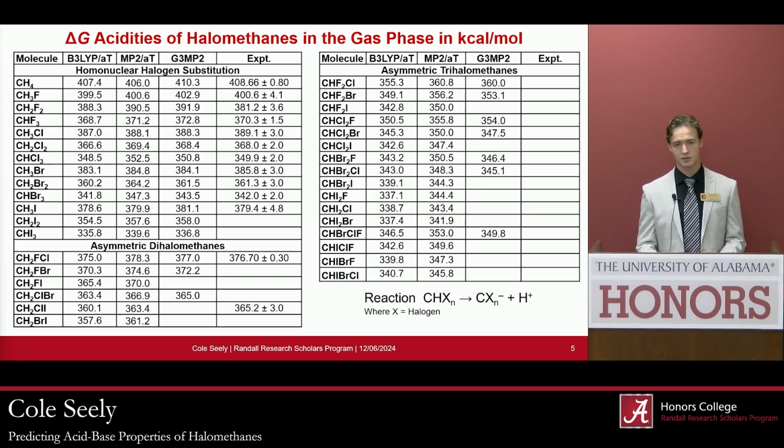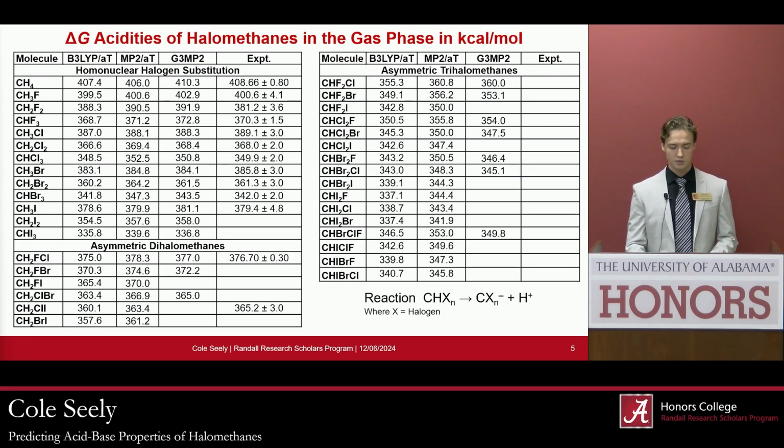As a reference, H2SO4, or sulfuric acid, has a delta G acidity of around 304 kilocalories per mole. All of the species here have at least 30 kilocalories higher delta G acidity than that. You can also think of kilocalories as the same unit used on nutritional labels. However, on nutritional labels, they list it simply as calories. In terms of trends, you can see that as methane becomes more halogenated, delta G becomes smaller.